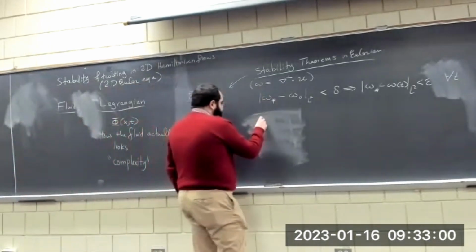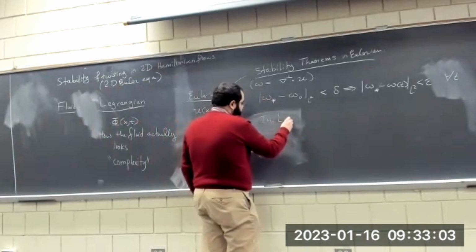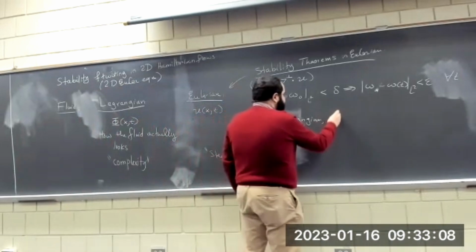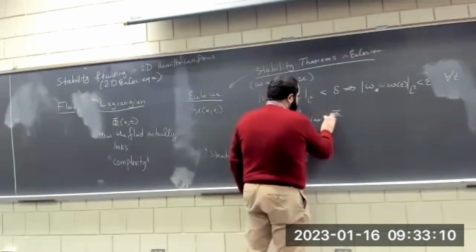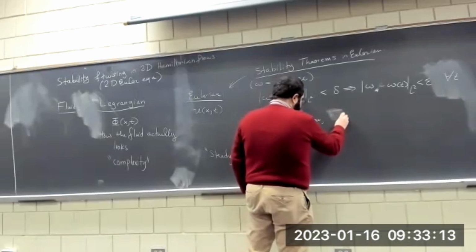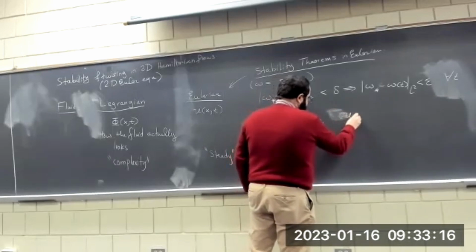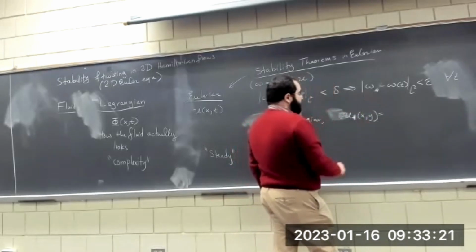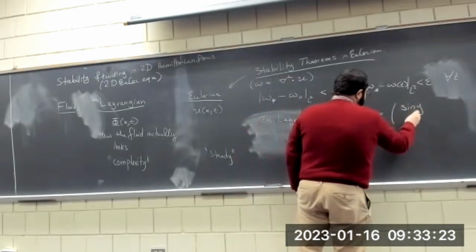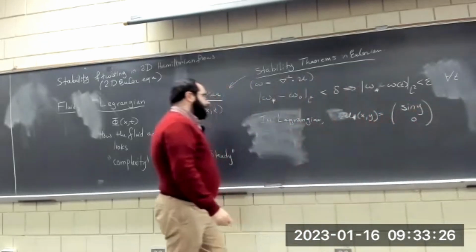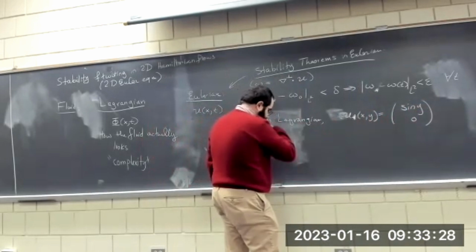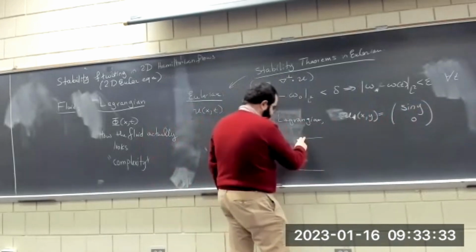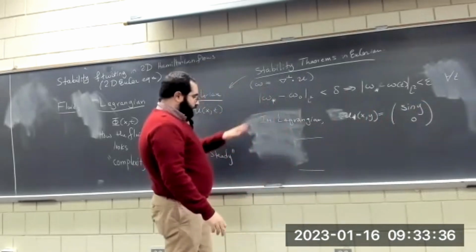But in Lagrangian, as I pointed out, consider the flow map associated to a solution. Let's look at an example: the profile u star of x, y, on the 2-torus, is (sine y, 0). We look at the top and bottom and identify them.